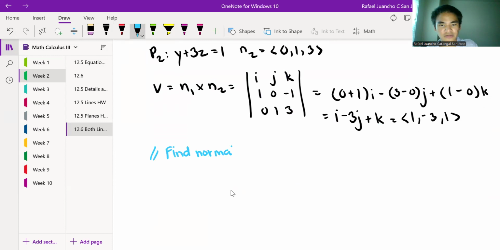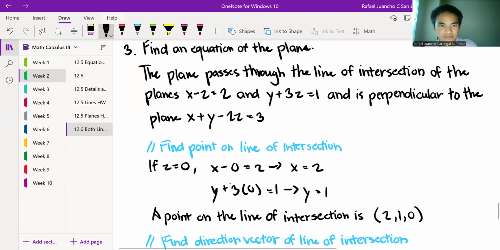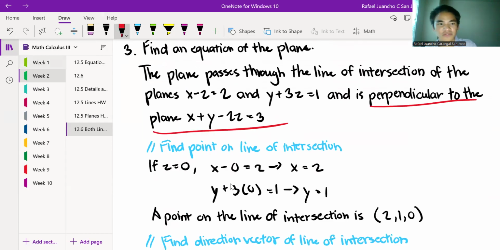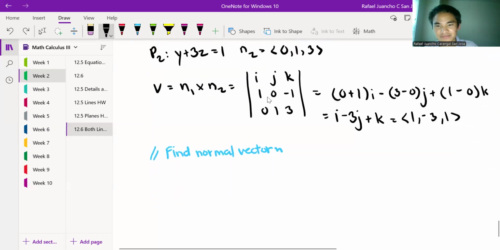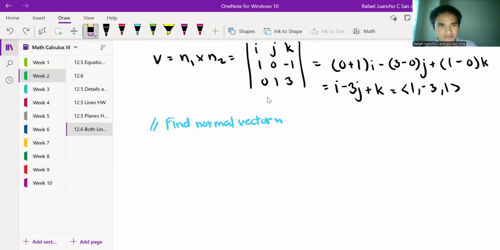Now after that, what we want to do is find the normal vector. This is a bit more extra stuff. We're told the desired plane is perpendicular to this thing here, right? Still don't know why we want to get the direction vector, I'm going to be honest. Okay, let's go for it.